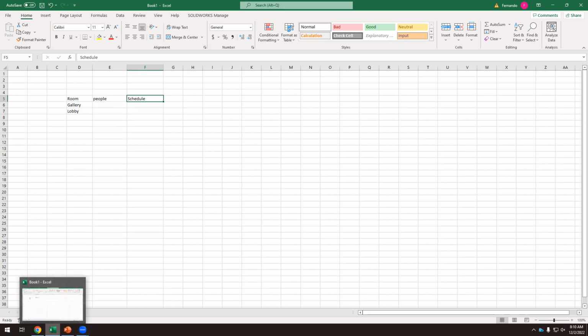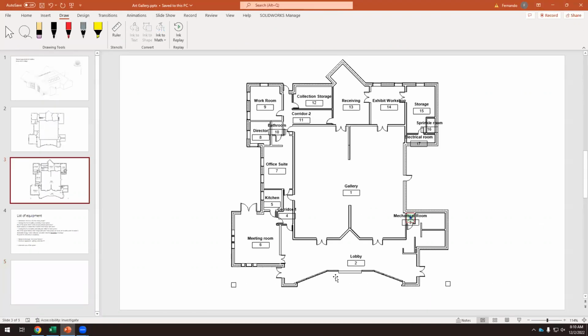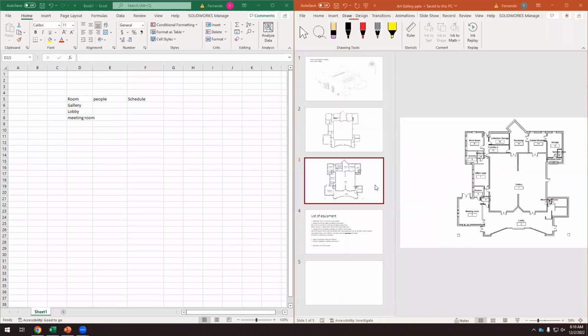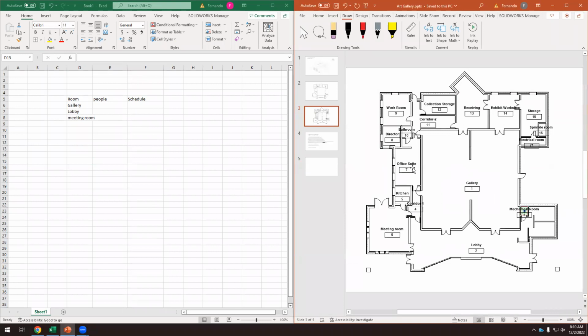And so for the number of people, let's look at this, how many rooms? We have the gallery, we have the lobby, we have this meeting room. Then this. We have the kitchen. We're not considering a kitchen. We consider this office. Then this director office.